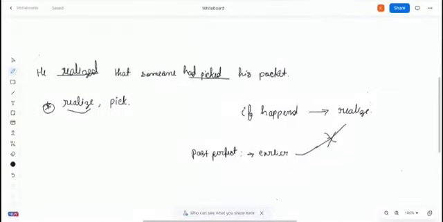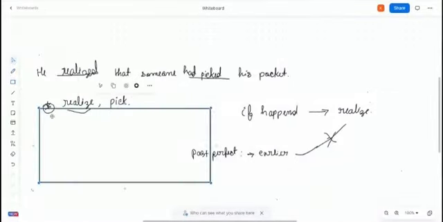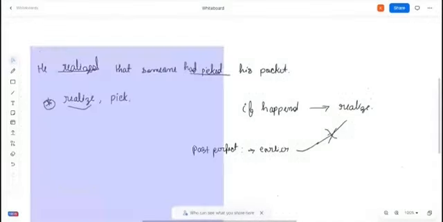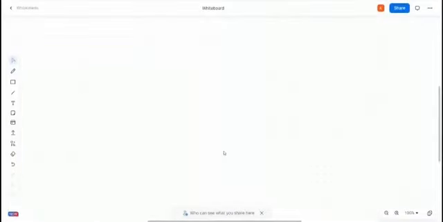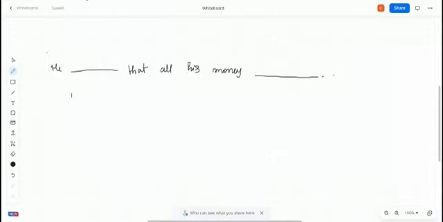Okay, so let's go to the next sentence. He found that all his money had been stolen.